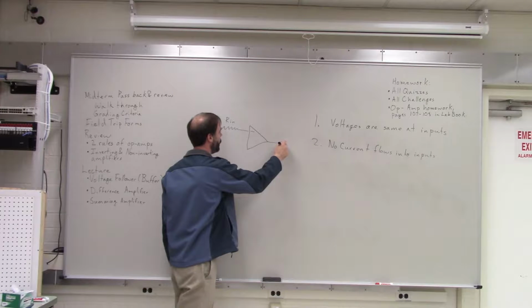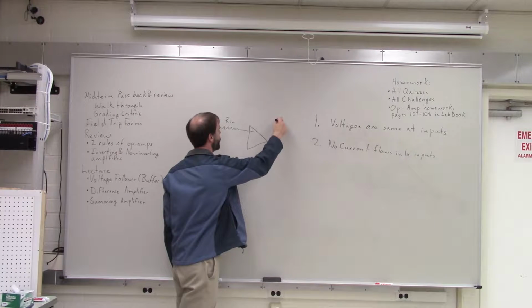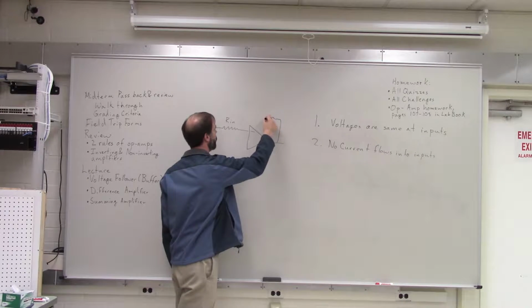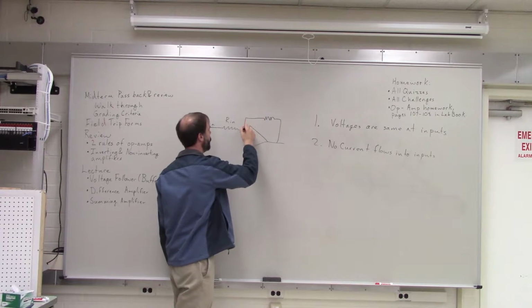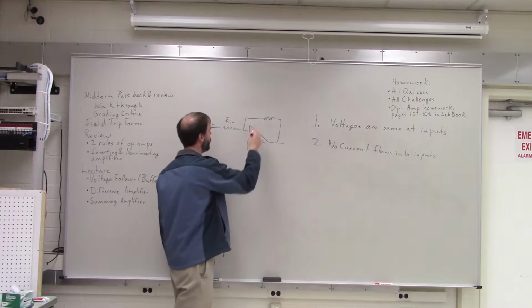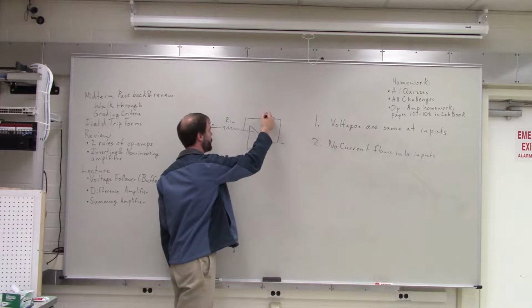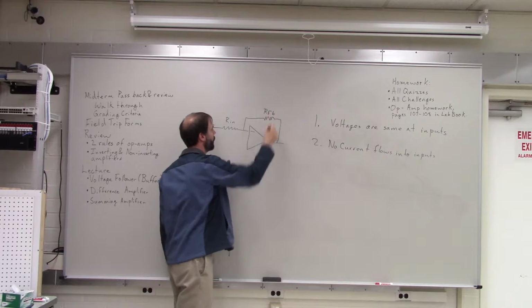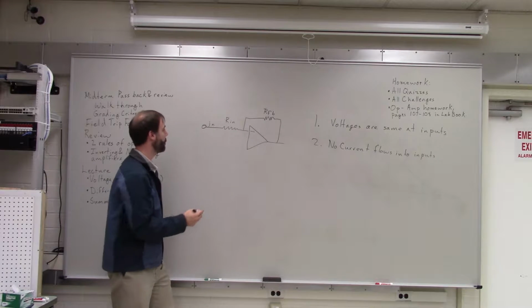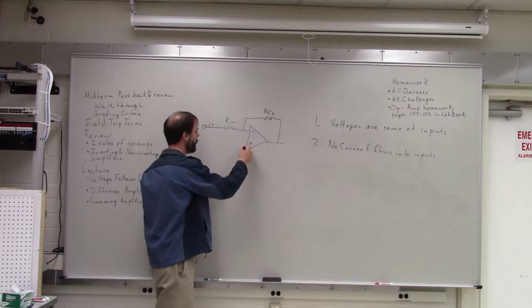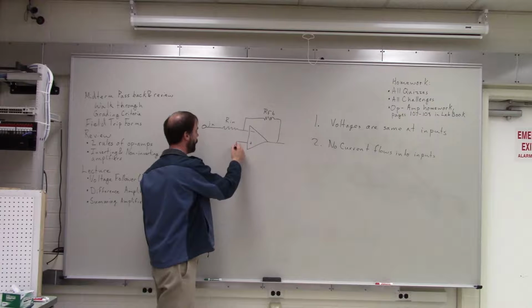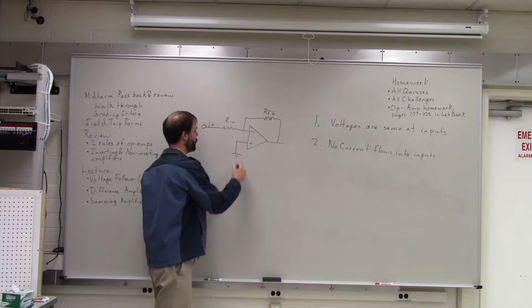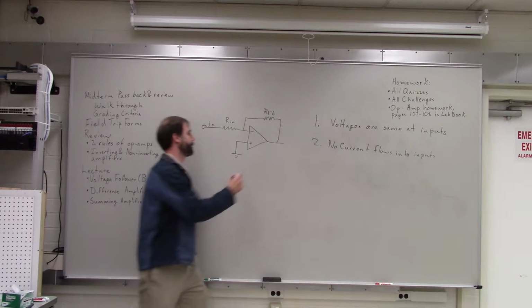Then we had our output here, and that output connected back to our input and had a resistor there, and this was called the feedback resistor, RFB. Okay? Then we had our non-inverting terminal, and that was connected to ground, right?